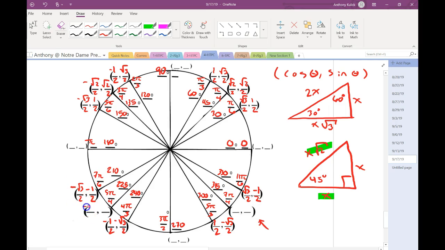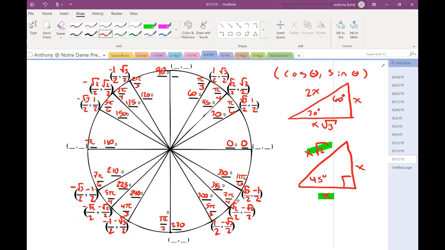In the third quadrant, I had negative square root 2, and then negative square root 2. And in the fourth quadrant, I have positive square root 2, and then negative square root 2 over 2. Sorry. Everybody okay there?